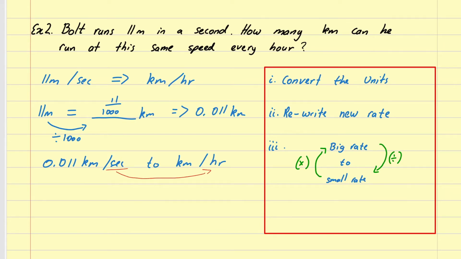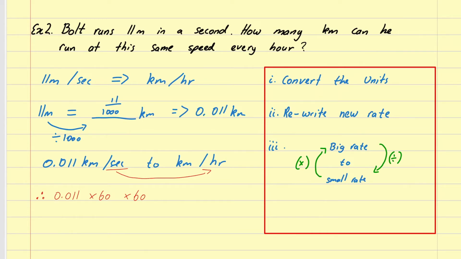Now, am I going from a small rate to a big rate, or a big rate to a small rate? And the answer is seconds is pretty small, and I'm going to something that's hours, which is much bigger. So therefore, I'm actually going from a small rate to a big rate. And if you want to go from small to big, we have to multiply. So therefore, 0.011 times by 60, times by 60.